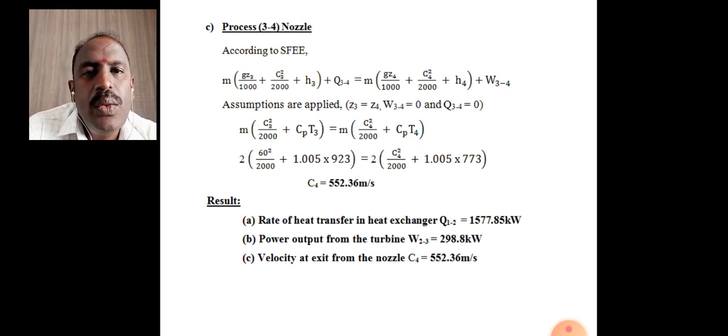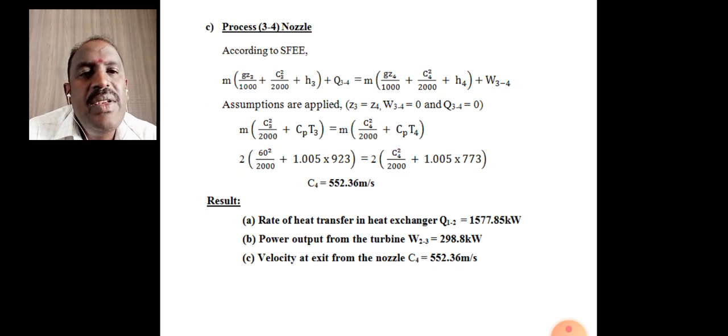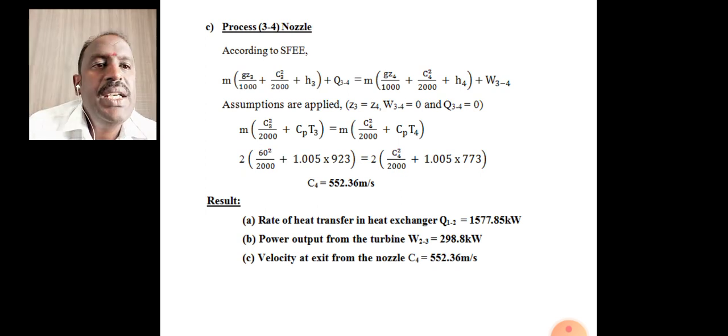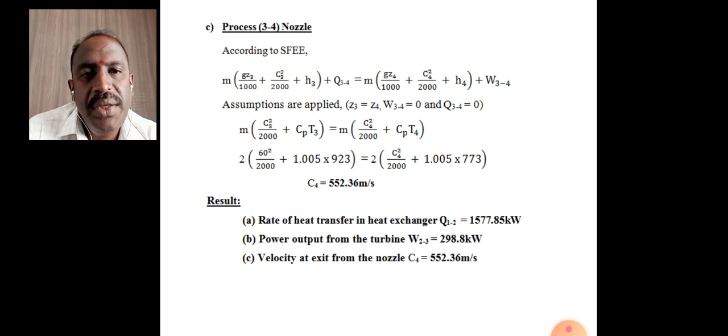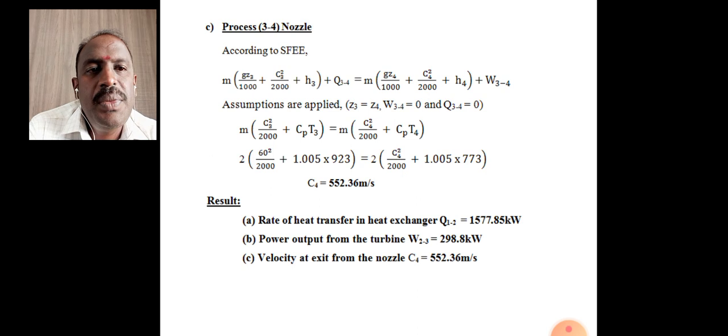The heat and work transfer will be 0 and the nozzle is kept at the same datum height, so z3 equal to z4. The h3 will be cp into t3 and h4 equal to cp into T4. So substitute the mass value, velocity value, temperature and Cp value. From that we can find the C4 value. C4 will be 552.36 meter per second.